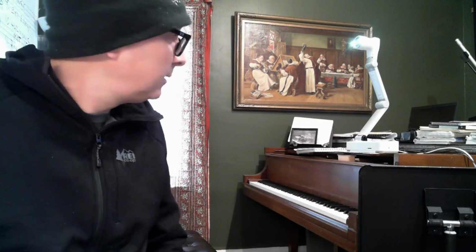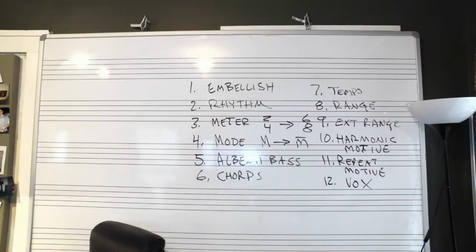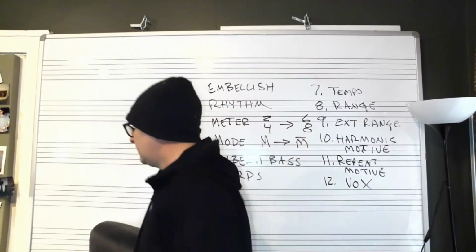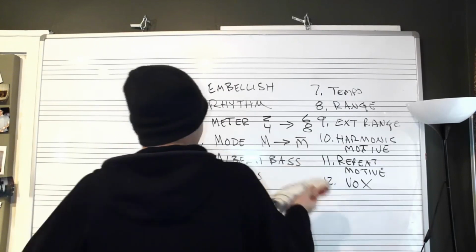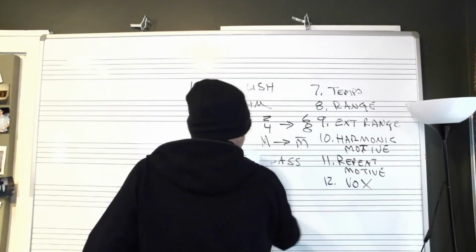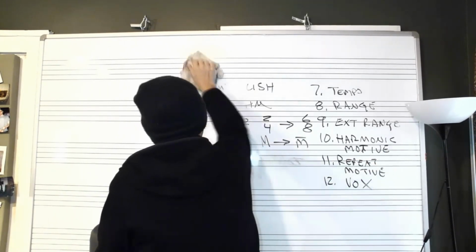All right. We'll go over to the board here. We've got to do some erasing, but that's fine. Earlier today, we were working on variations, which is kind of exciting, if you like variations.